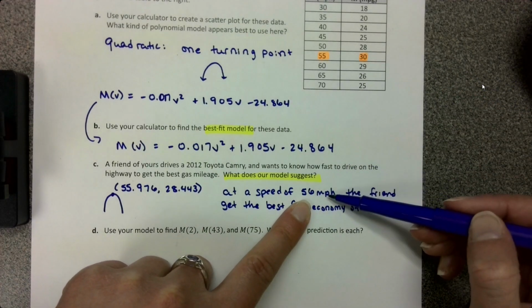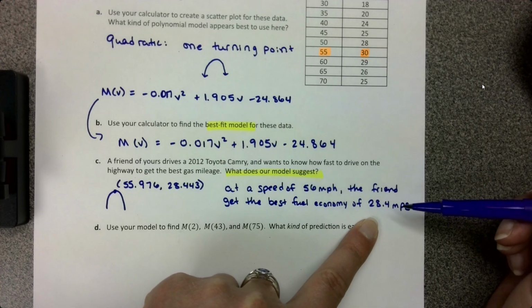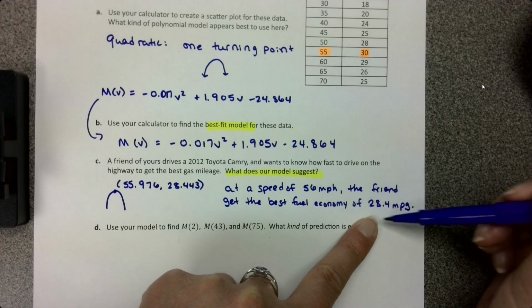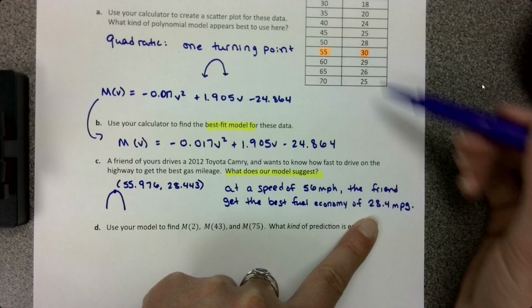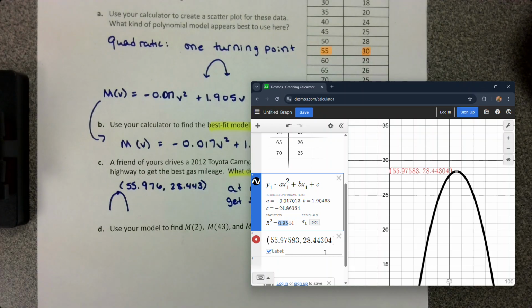It said 56, so we were close. Did it get us pretty close to 30? 28.4 is closest. So again, the model was doing a fairly accurate prediction. There's going to be some error, and if we take a look at our R-squared value, it's 0.93. So it's not 100% accurate, but it's going to get us close, and it will help us make good predictions for other values. They won't be perfect, but they will have some sense of reliability as far as closeness.